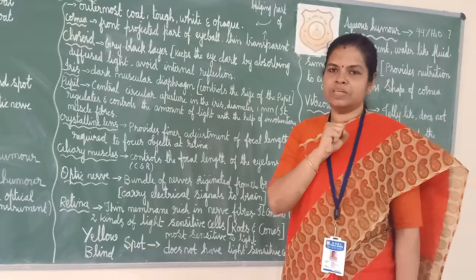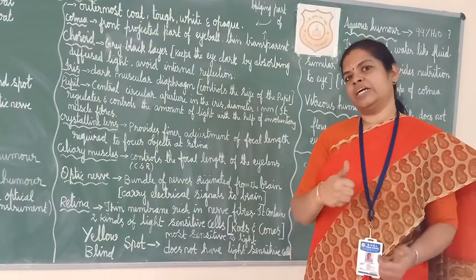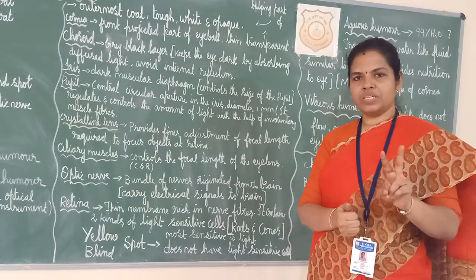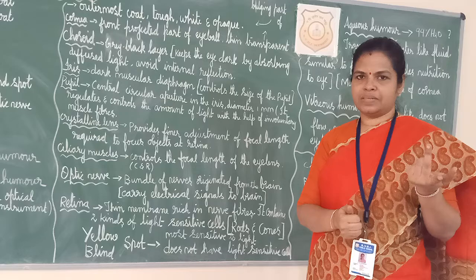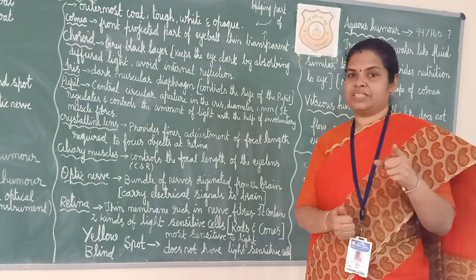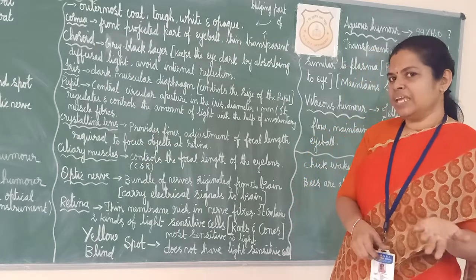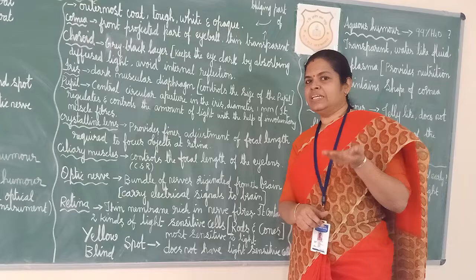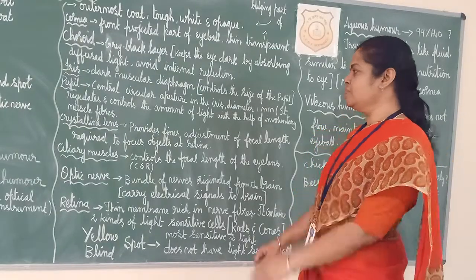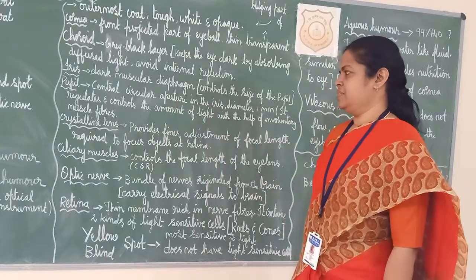The muscle fibers will help in regulating or controlling the amount of light which is coming inside. You have studied about voluntary muscles and involuntary muscles, right? Okay, inside our intestine, what type of muscles? Yes. In our heart, which type of muscles? Yes. So, voluntarily, if we are doing something, that is called voluntary, and without our knowledge if something is happening, it is involuntary. Okay. So, the muscle fibers help in that.